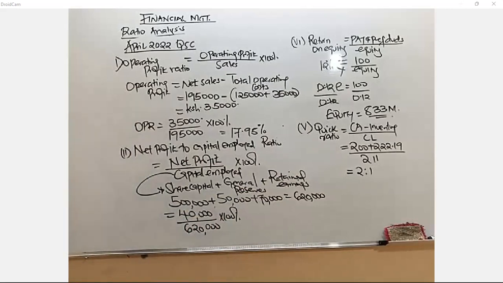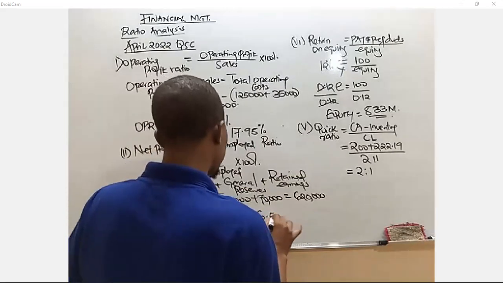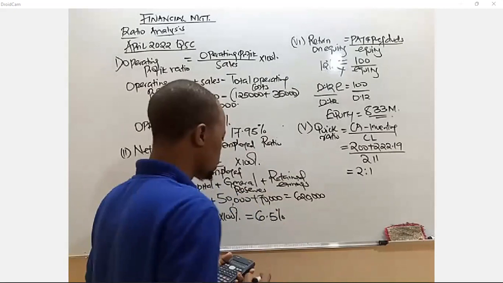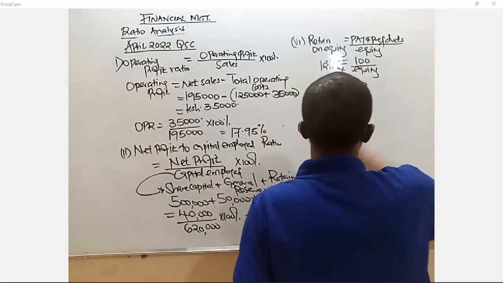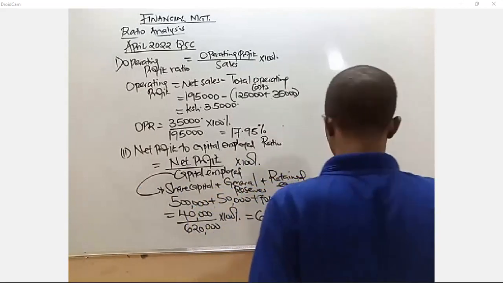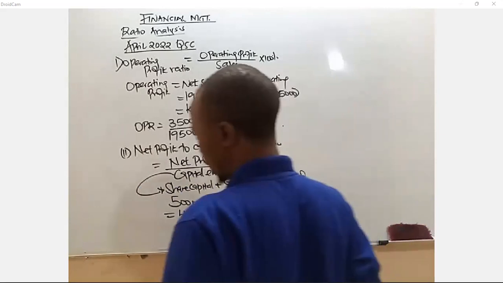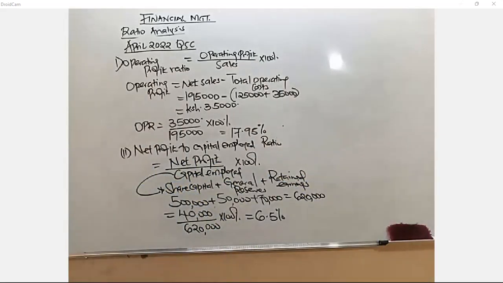You should get something closer to 6.5%. That is how you calculate the net profits to capital employed ratio.